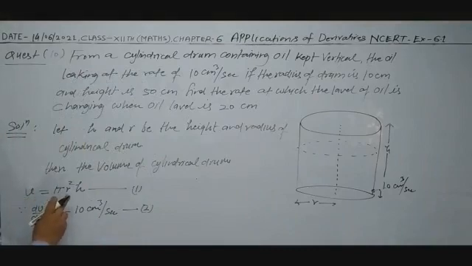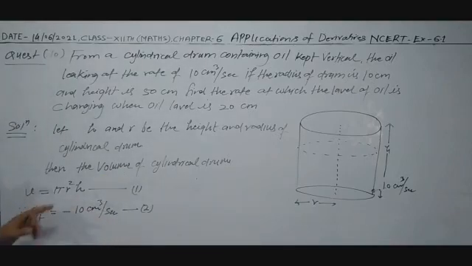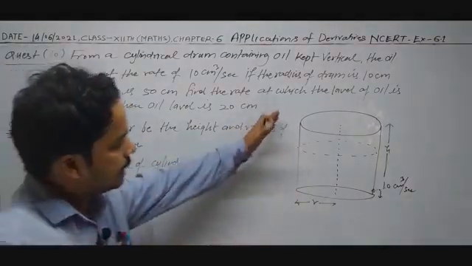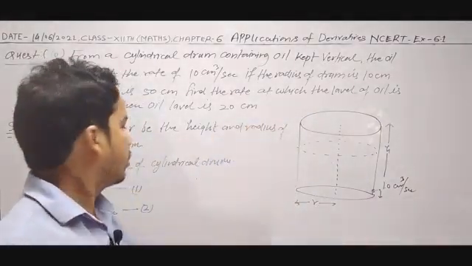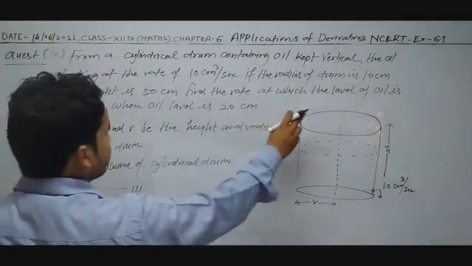So we have to calculate first of all dh upon dt. So operate d by dt on both sides in equation 1. Before differentiation, you see from this figure, the height is varying and the radius does not change. Radius is the same, not changing. So radius can be put here, r is equal to 10 centimeter.